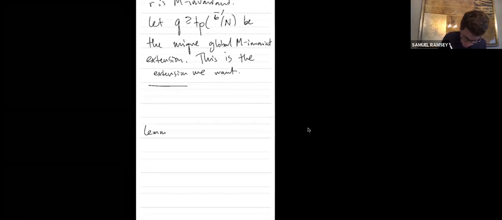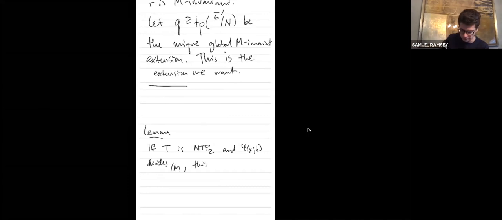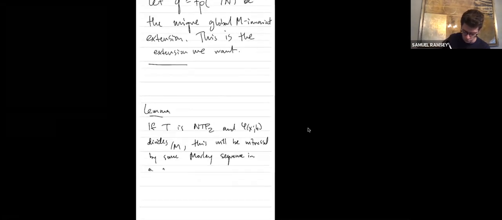And that's fantastic because now we can prove what I think will be the main lemma for today, which is that if T is in TP2 and phi(x, b) divides over M, this will be witnessed by some Morley sequence in a global M invariant type.